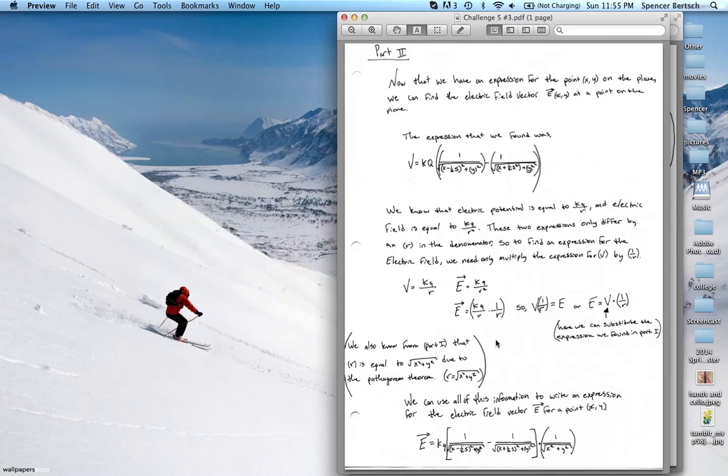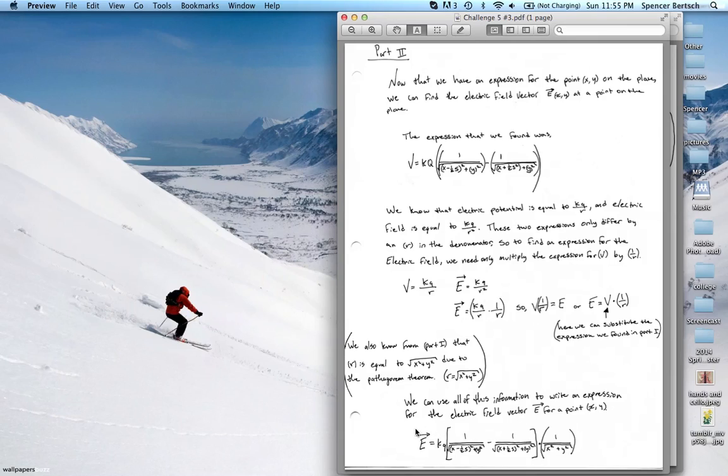So really, all we needed to do was multiply the expression that we got for the electric potential by 1 over radius. And we know that the actual radius, which is just r on the last page, was, using the Pythagorean theorem, the square root of x squared plus y squared, because that's the distance from the center of the dipole to that arbitrary point.